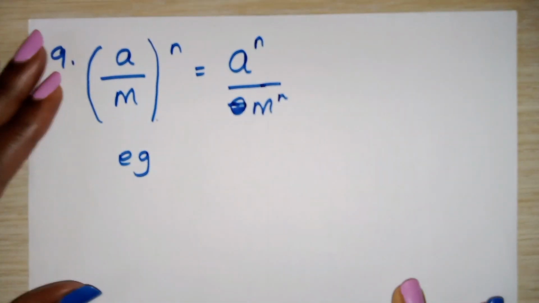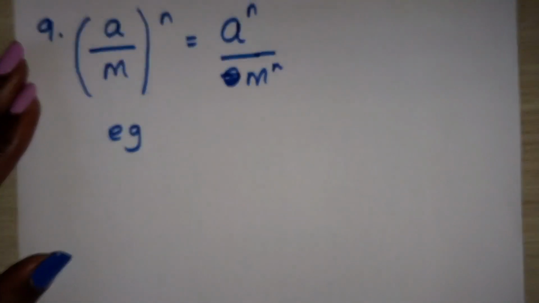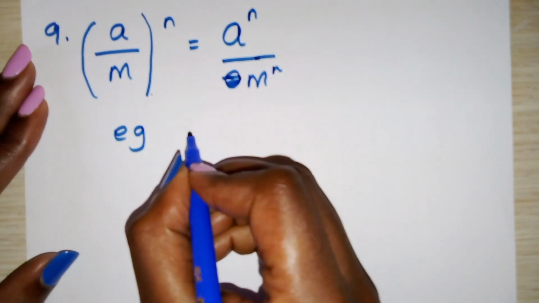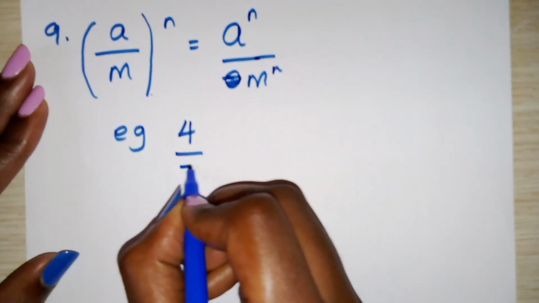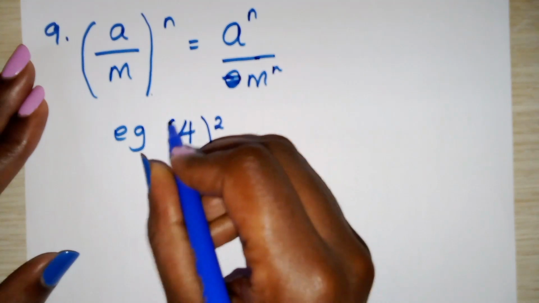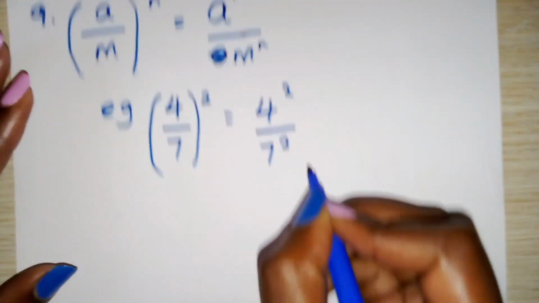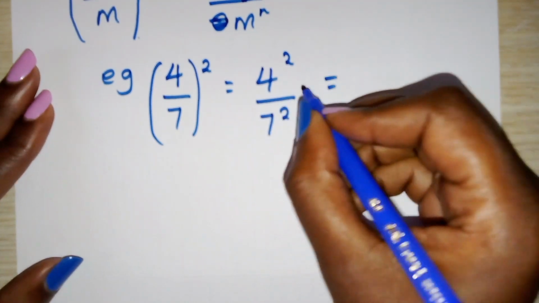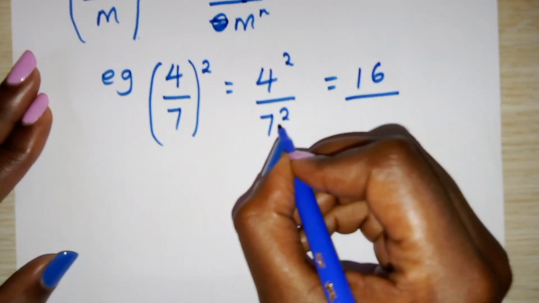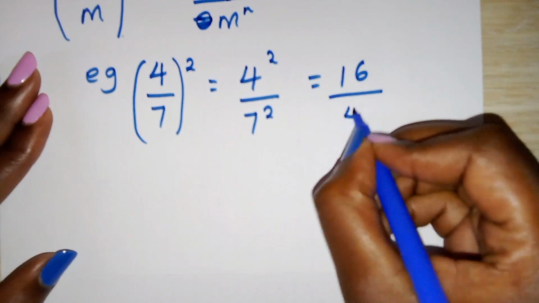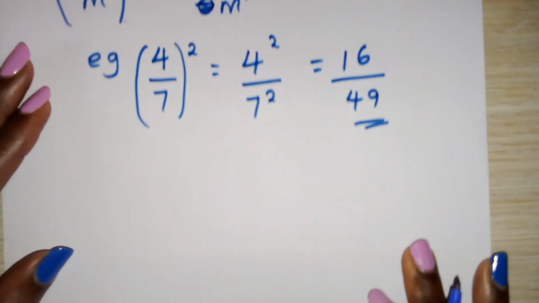Okay, for example, we have (4 over 7) squared. It's the same as 4 squared over 7 squared. 4 squared is the same as 4 times 4, 16. 7 times 7 is 49. And that's your answer.